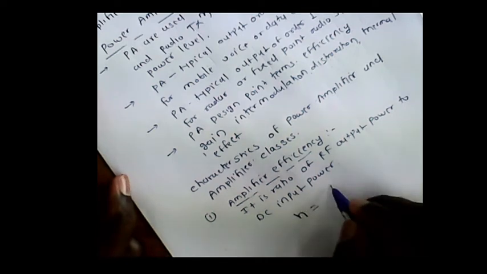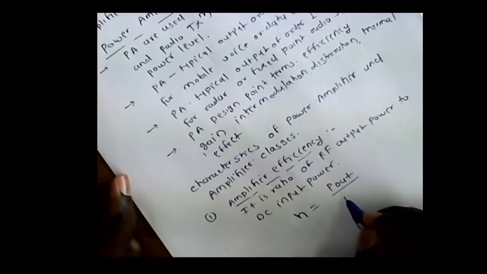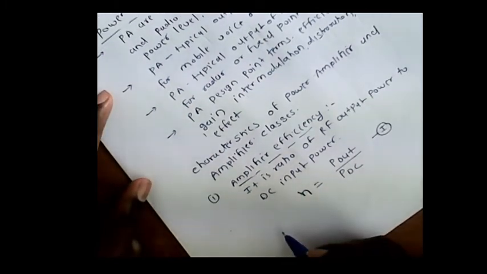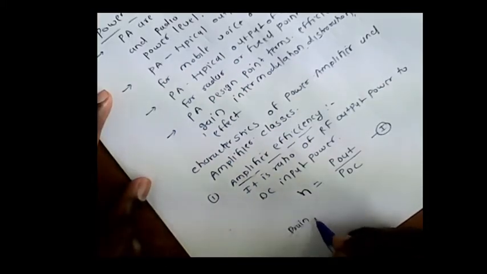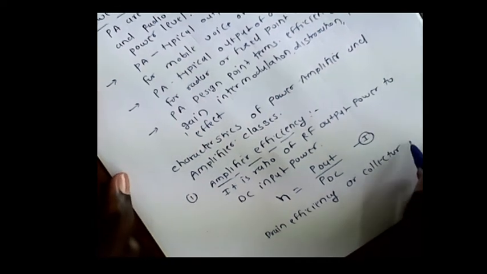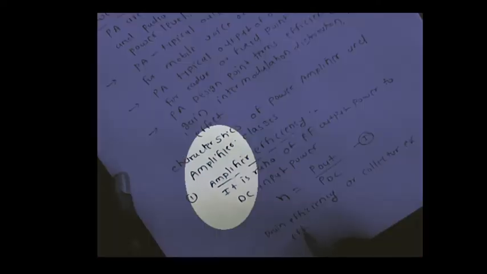So it is the RF output power divided by the DC input power, P_DC. This is equation number 1. This is also called the drain efficiency, or sometimes the collector efficiency.